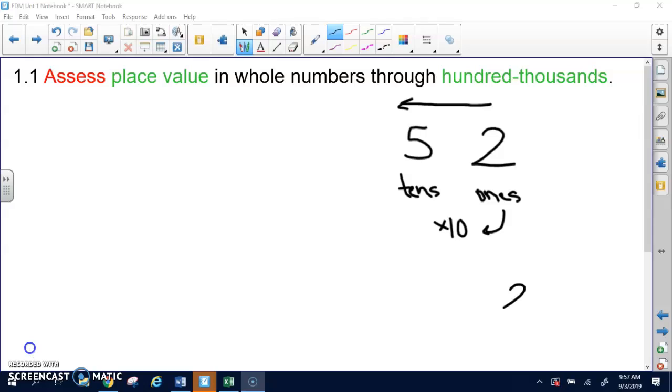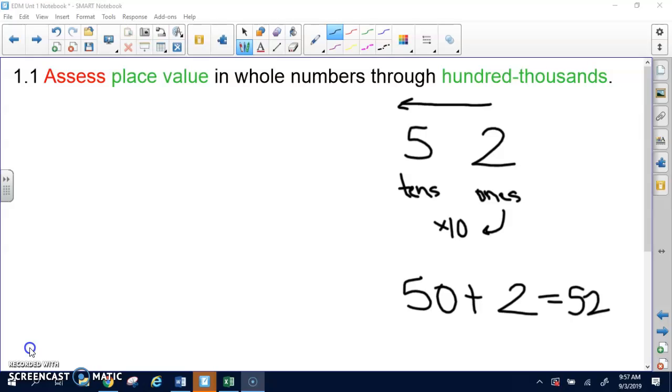It does represent 2, but it doesn't represent 5. That's not a 5 right there. What does that represent? It represents 50. So when you're looking at this number, it's 5 tens, which is 50, 5 times 10, and 2 ones. This is called expanded notation in this form: 50, 5 tens, plus 2 equals 52.